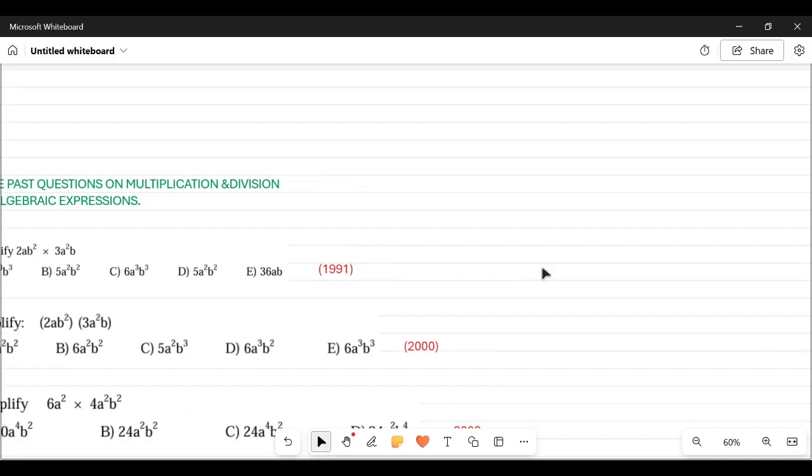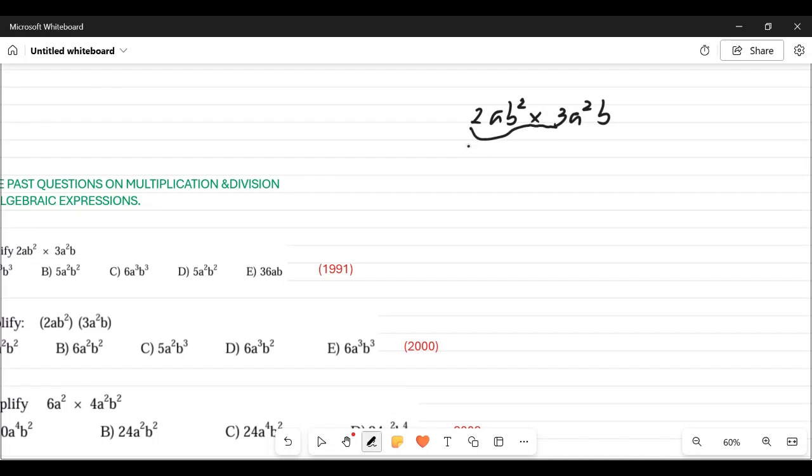So this is the first question. We have to simplify 2ab squared times 3a squared b. So let's get it started here. We have 2ab squared times 3a squared b. Remember, we just multiply the coefficients.